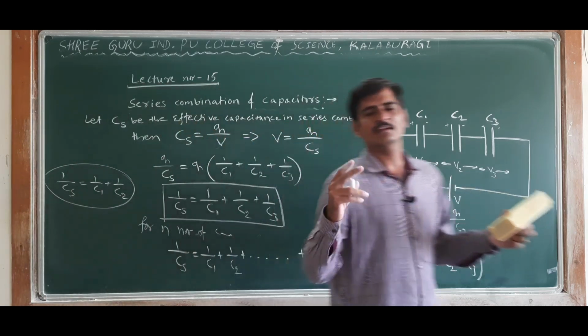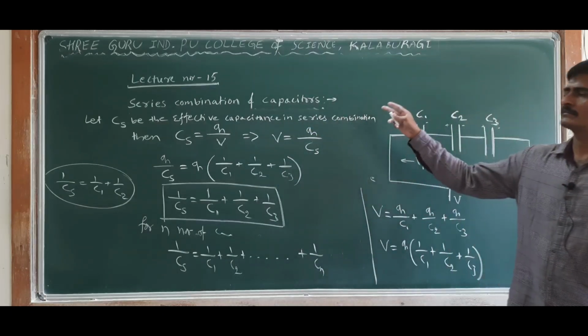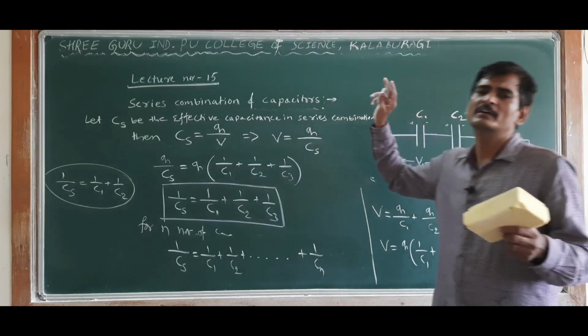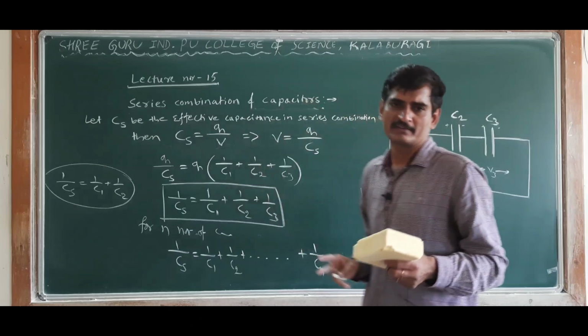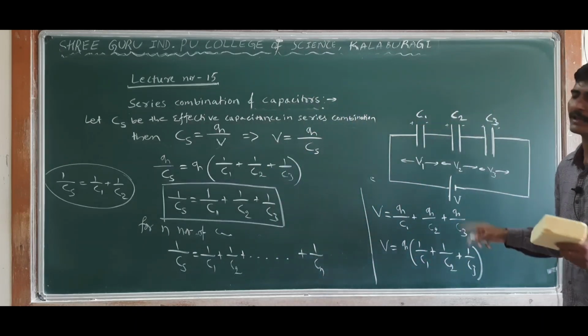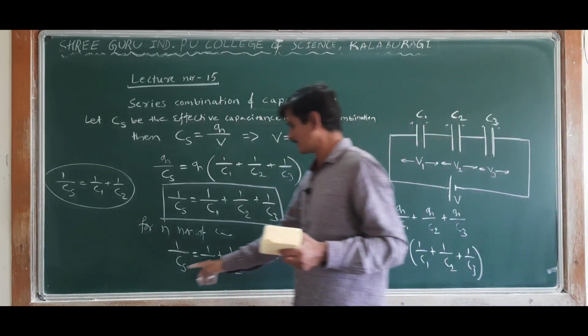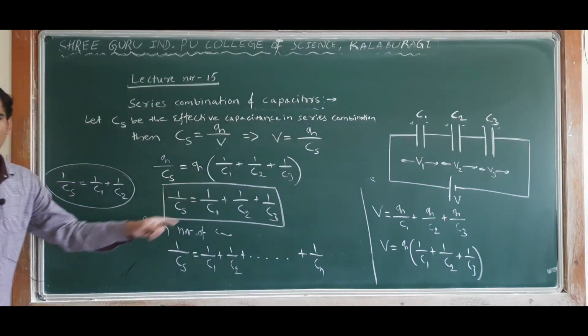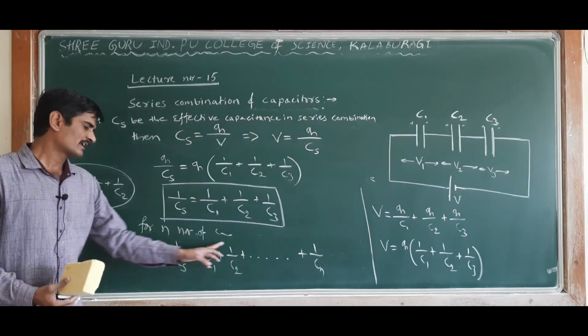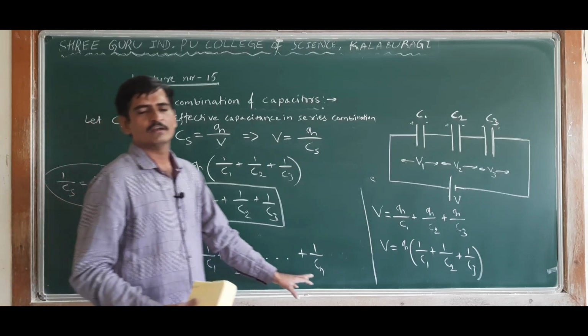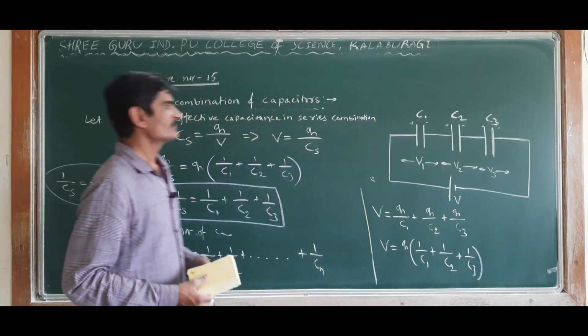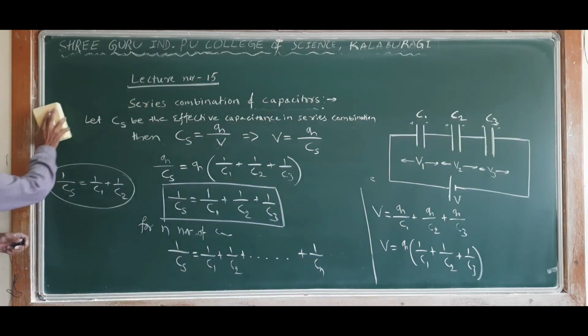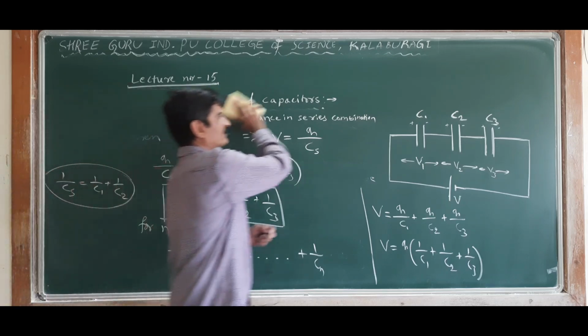If they ask for n capacitors, last write down this one. Use it for 3 capacitors, and then for n number of capacitors, this will be the result. Understood? Okay. So this is a series combination of capacitors.